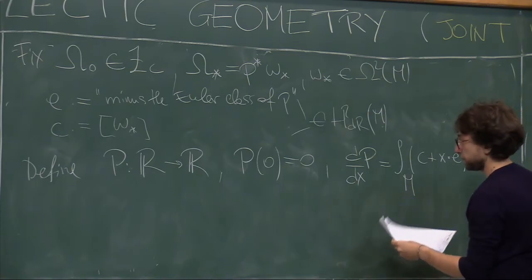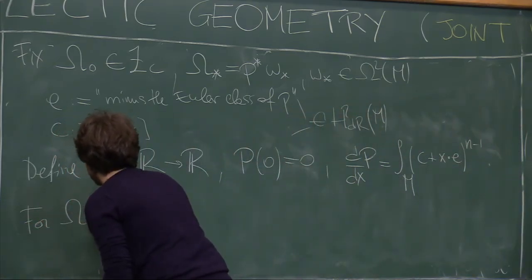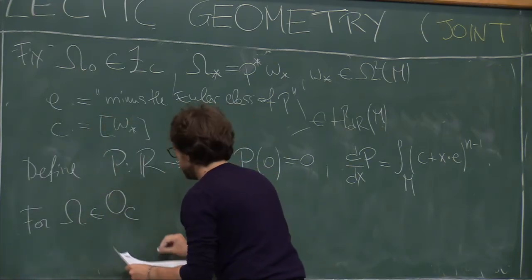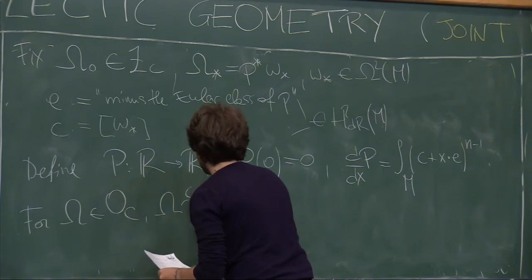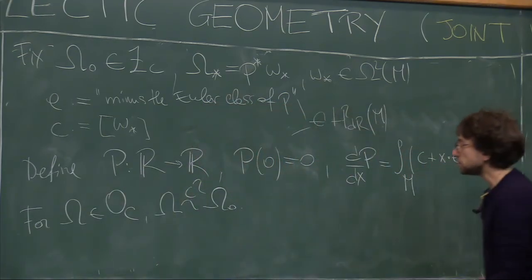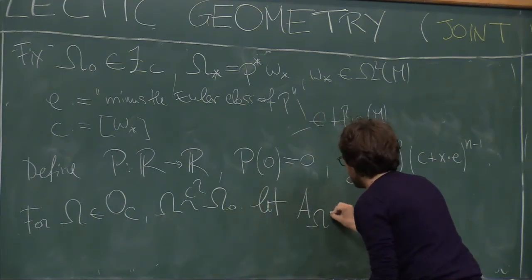So the last thing to do is then to define the action. Let's define the action. So now if I take an odd symplectic form omega which is C2 close to my Zoll form omega 0, I can define the action A of omega.